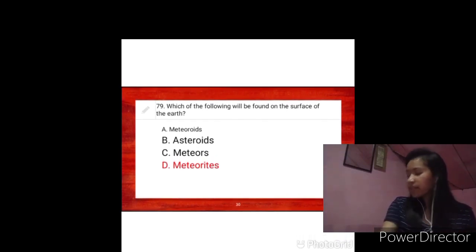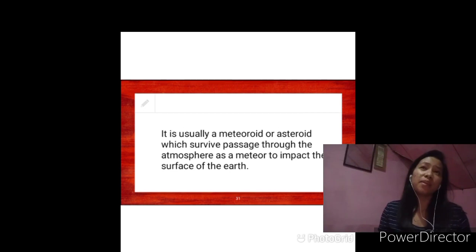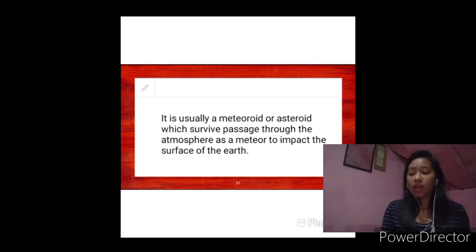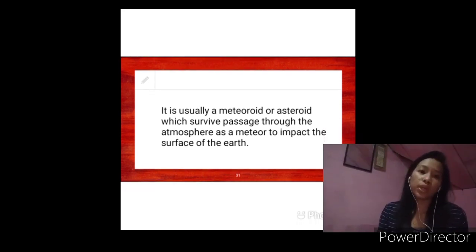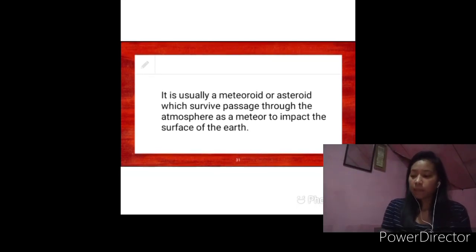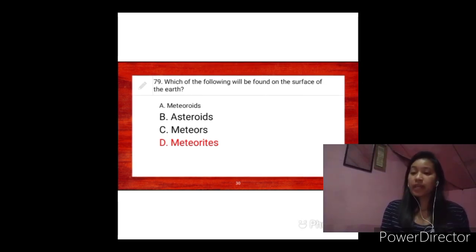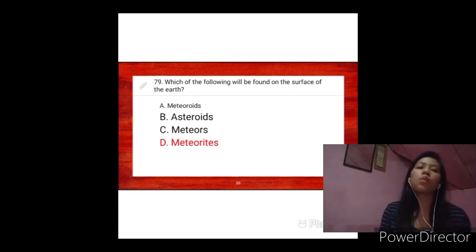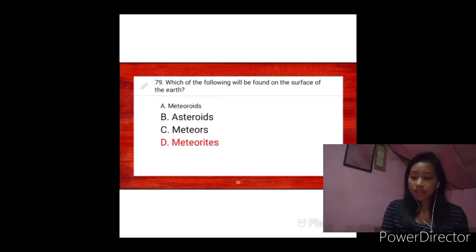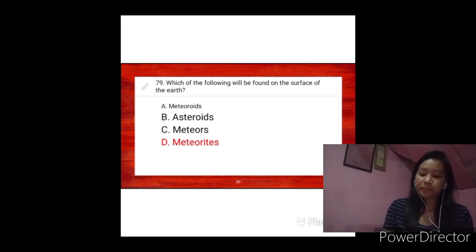So the right answer there is letter D, meteorites, because it is usually a part of a meteoroid or asteroid which survives the passage through the atmosphere as a meteor to impact the surface of the earth. A meteoroid is only a small rocky body in outer space, usually smaller than the asteroids. The asteroid is only a minor planet, especially found in the inner solar system.